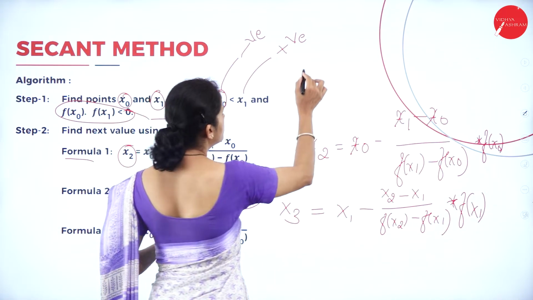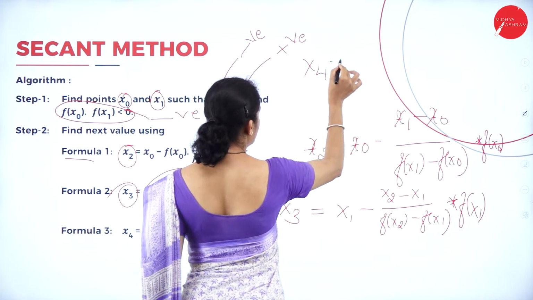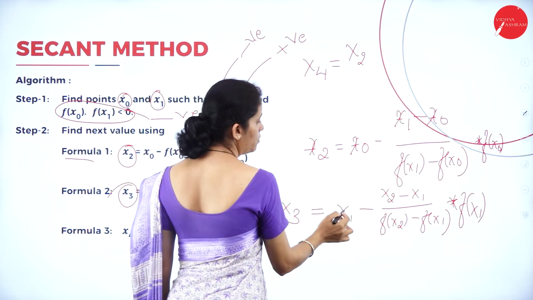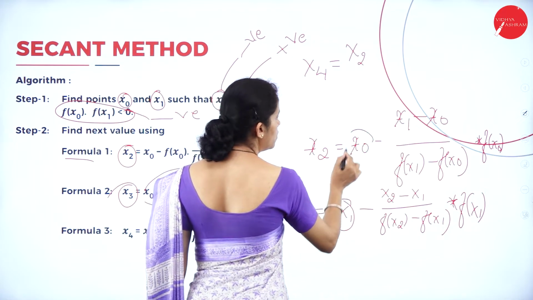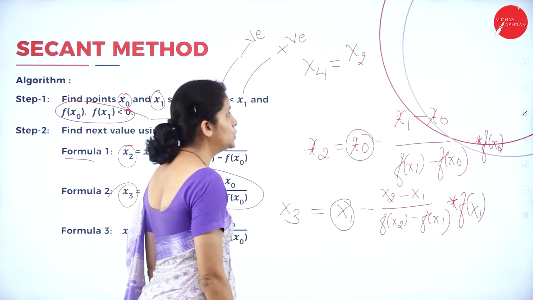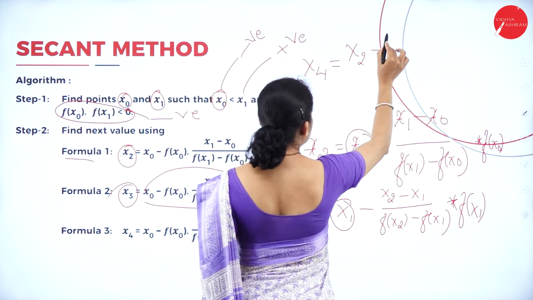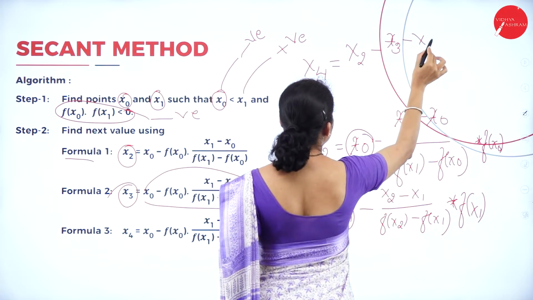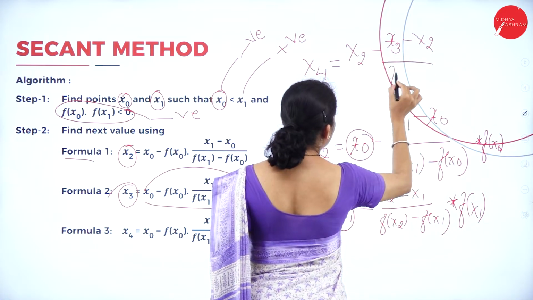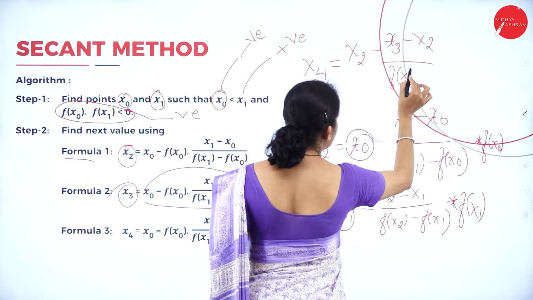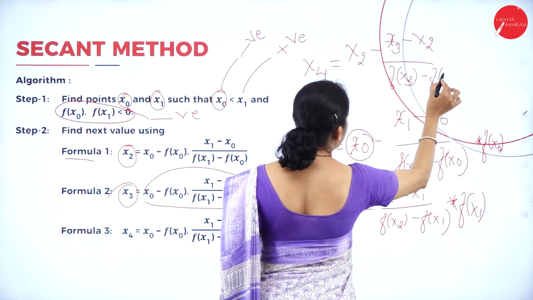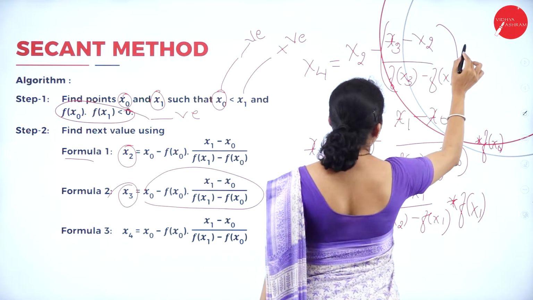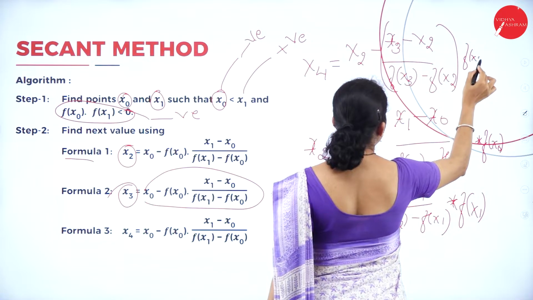If I consider the third iteration, that is x4. Now it is x2, x3 minus x2, f of x3 minus f of x2, which is multiplied by f of x2.